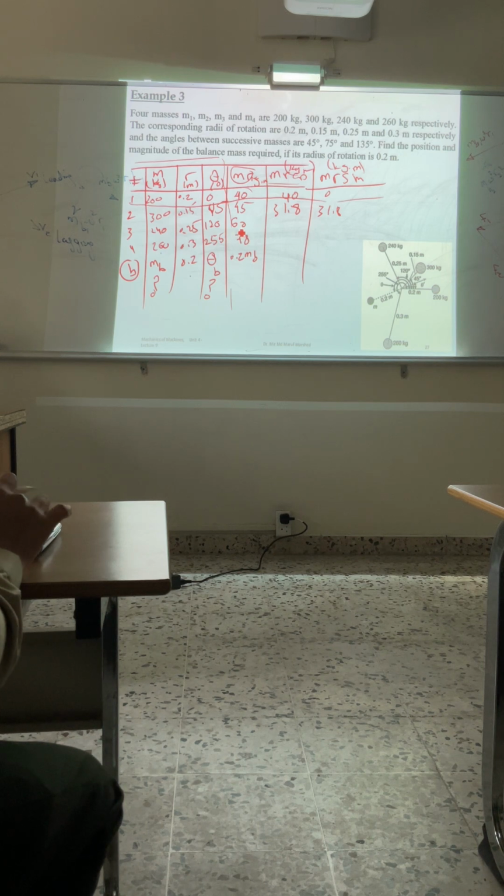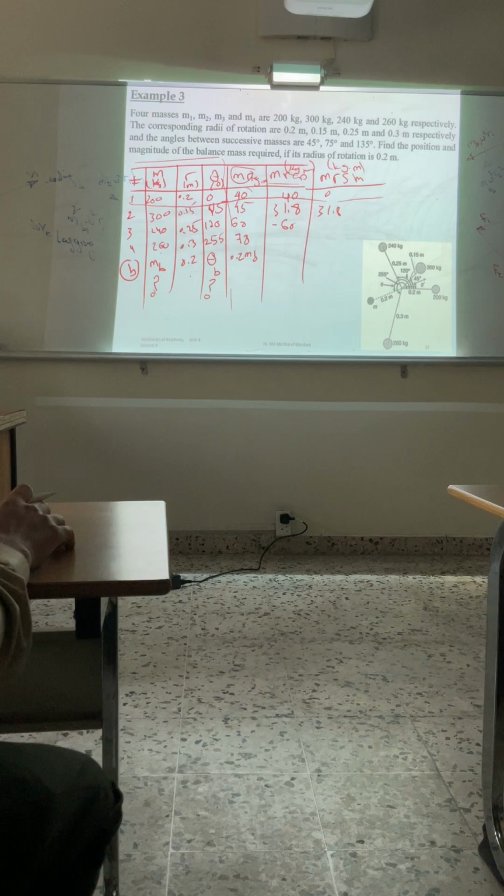Now you are speaking about cosine 60 times 1, the angle is 120, minus 30. Cosine 60 is sine 30. How much is this?